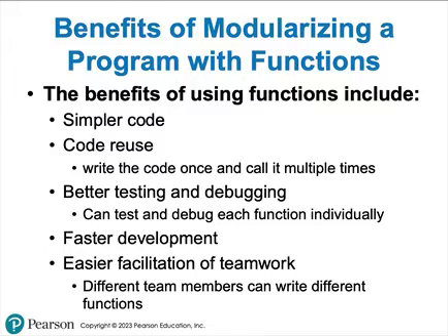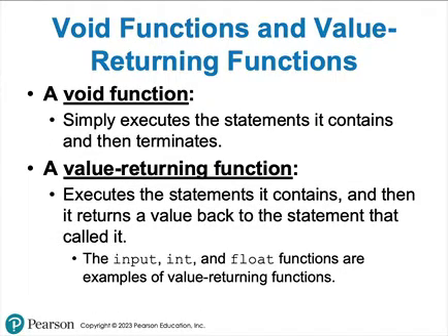Basically you can divvy those out and code all those, and then we can bring them together and call the functions as necessary from the main program. So that allows us to divide up the task of programming.